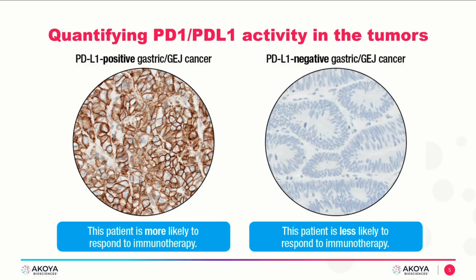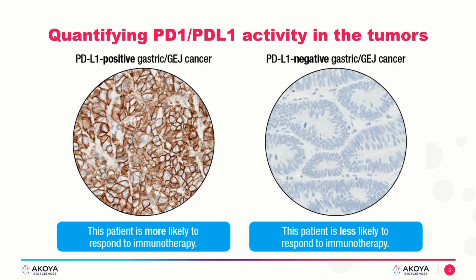One particularly prevalent method for gauging the activity of PD-1, PD-L1 within tumor biopsies is through the technique known as immunohistochemistry, or IHC. IHC uses an enzyme-linked secondary antibody that generates a visible color change. Here, you can see it in brown.